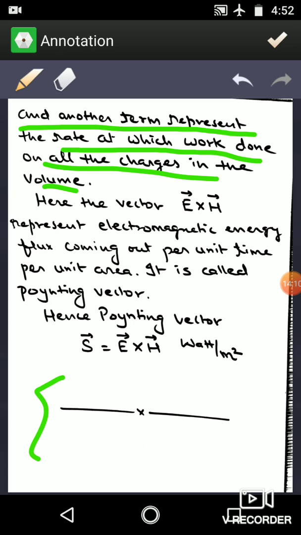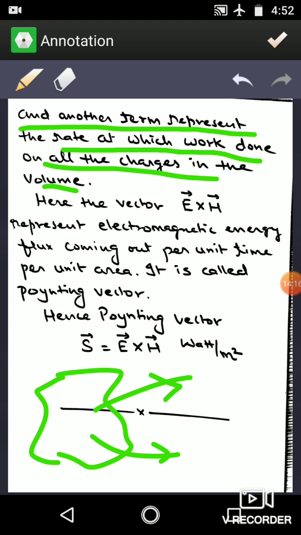Let us consider a particular volume, and let electromagnetic waves be coming out from this closed volume.